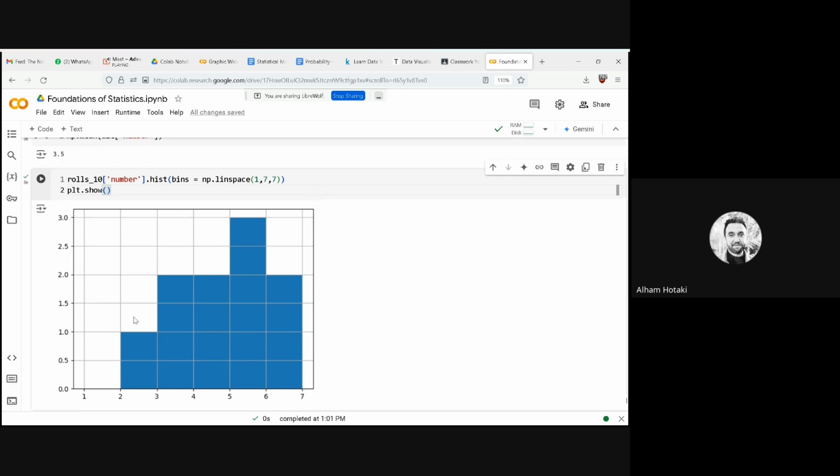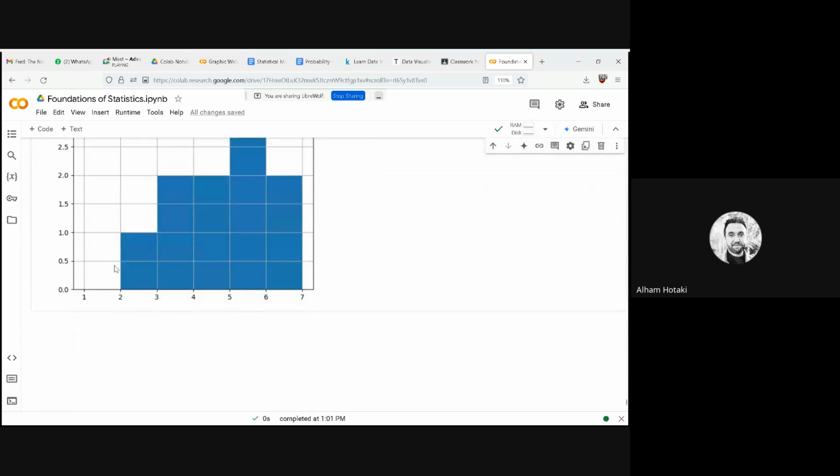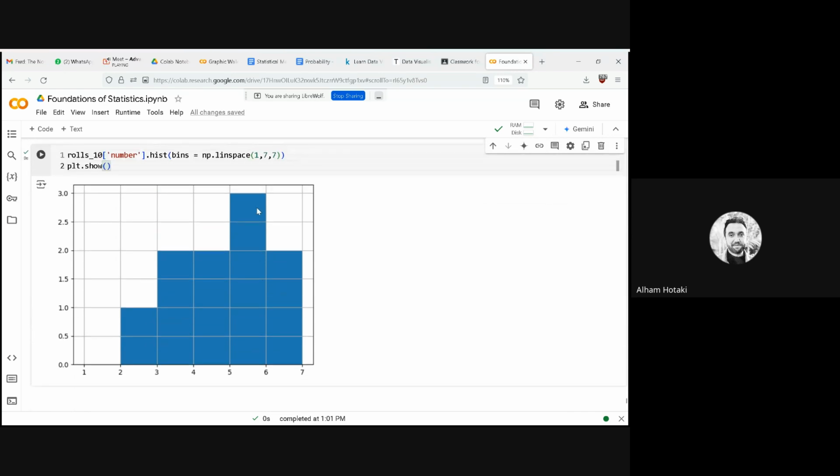So this is whenever you're rolling a die 10 times. See? In these numbers, we don't have number 1. Number 1 didn't appear, but other numbers appeared this many times. Number 5, for example, appeared several times. Number 2 appeared 2 times. Number 4 appeared 2 times.